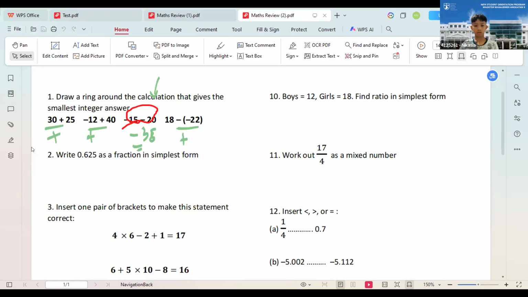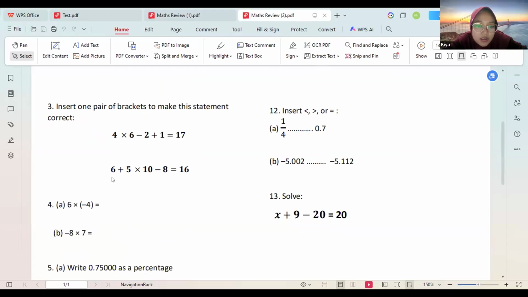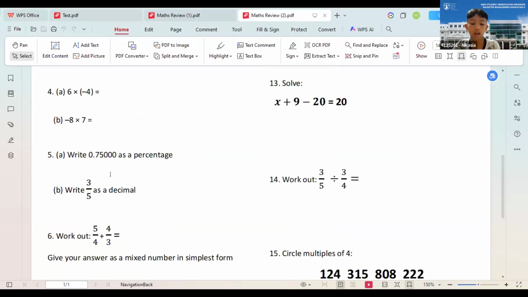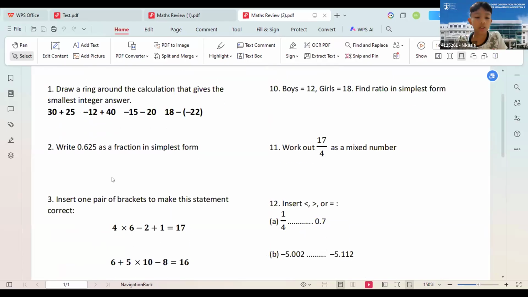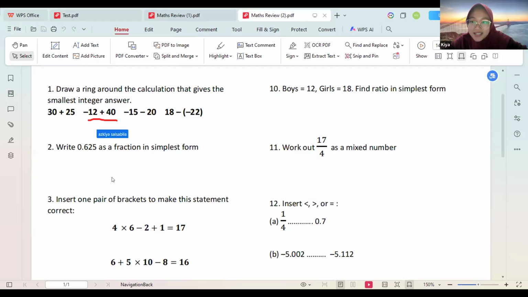What if there's a question like this, going back to number 1? What is the answer? 28 or 38? 28.